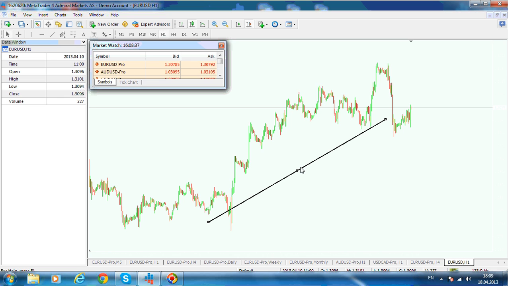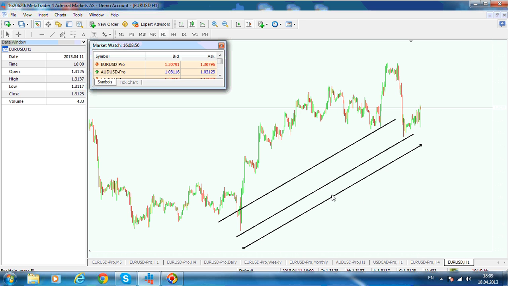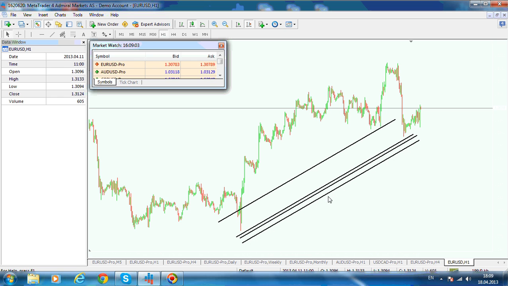So double click on it, then push the control tab on your keyboard and double click it again. And if you drag it, there you go. You have a new trend line identical with this one. Or you can make actually unlimited trend lines based on the same concept. Now let me delete this.